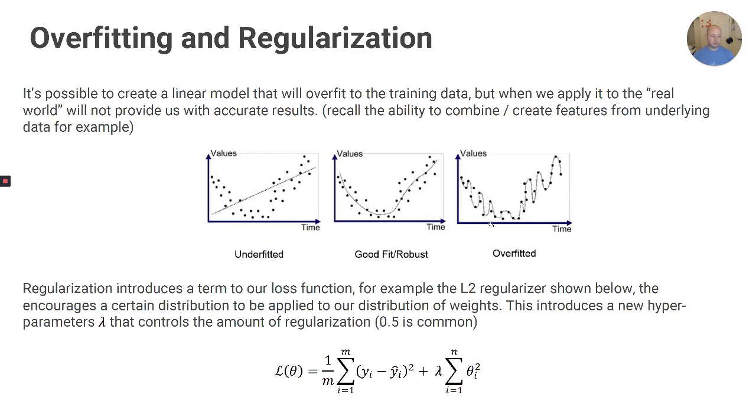Now, if you add every possible polynomial feature you can think of, and you go to the limit, all of a sudden you can have a model that significantly overfits your data as well. In this case, while every single value is on this squiggly line, if we were to sample this point here, it would not fit the data particularly well because we would get a value in a funky place and there would be a large error.